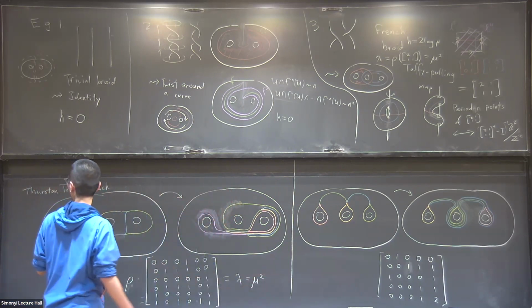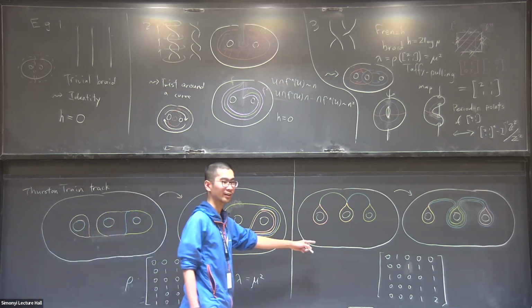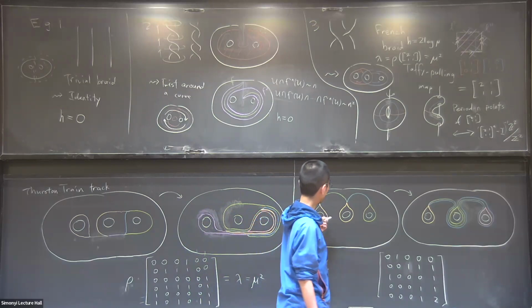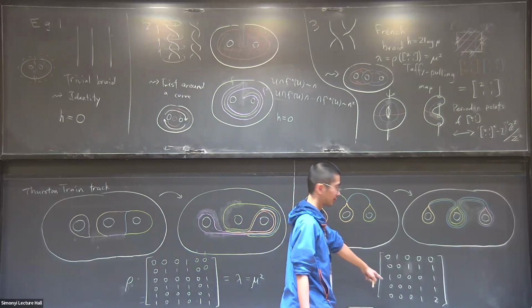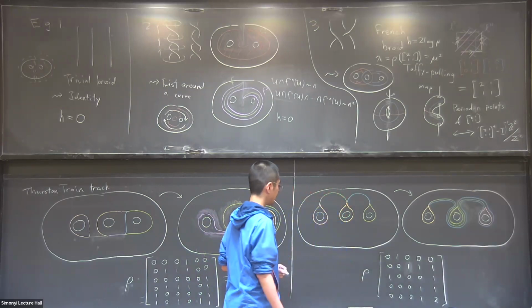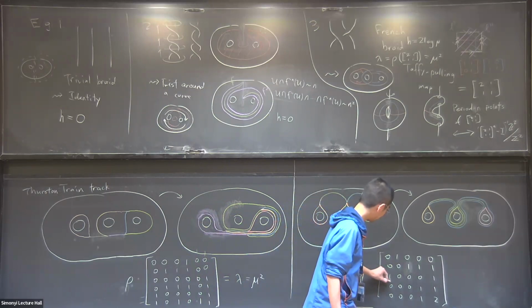But now the key is that train tracks are highly non-unique. So here's another train track that you could use to do the same computation. I'm not going to run through the computation, but you get this matrix. And when you look at the spectral radius of this matrix, you realize that this is a block matrix.